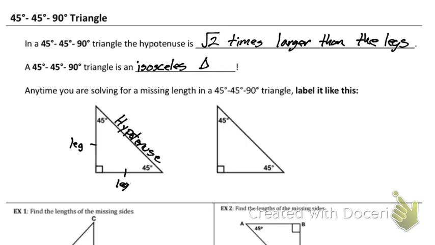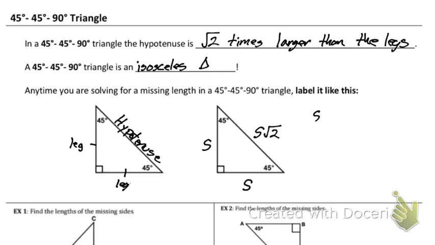I think the easiest way to do this is anytime you see 45-45, label it just like I'm going to do here. I'm going to label each leg as S because they're the same size. Then I'm going to label the hypotenuse square root of 2 times larger, so that's S square root of 2.